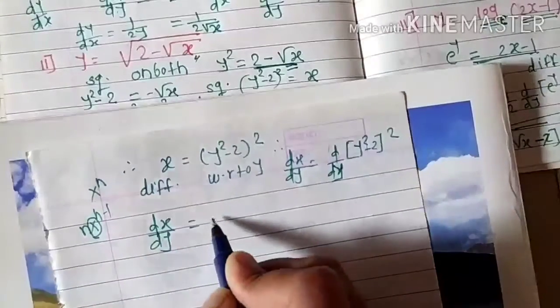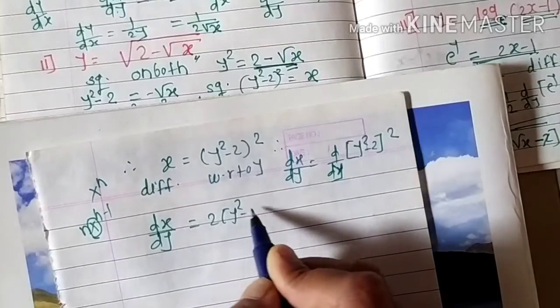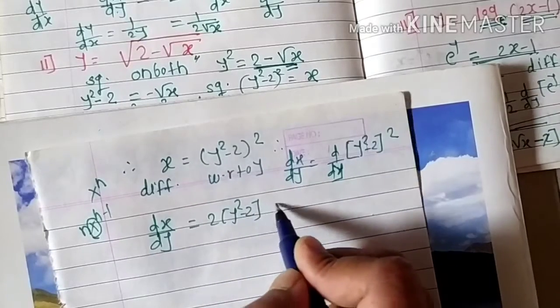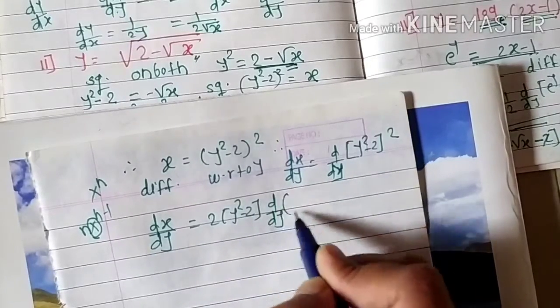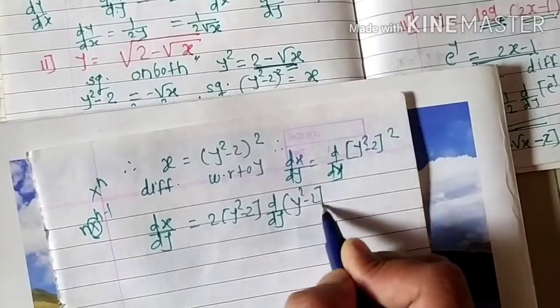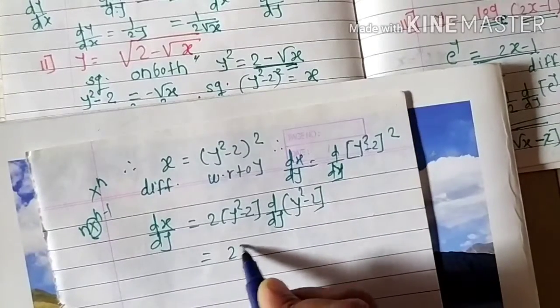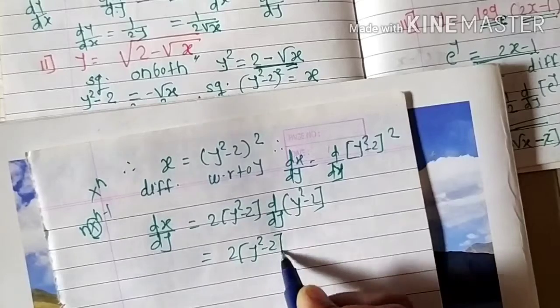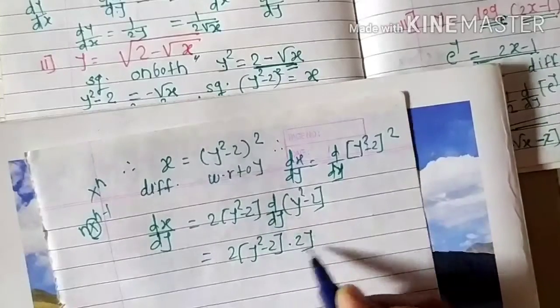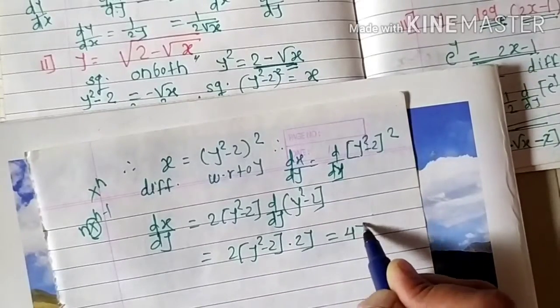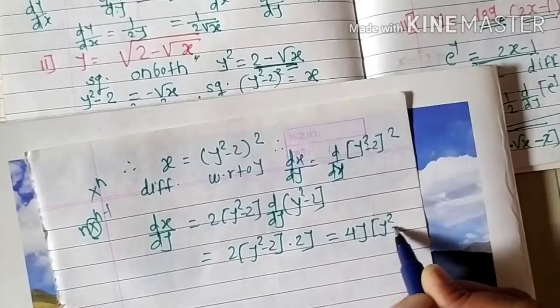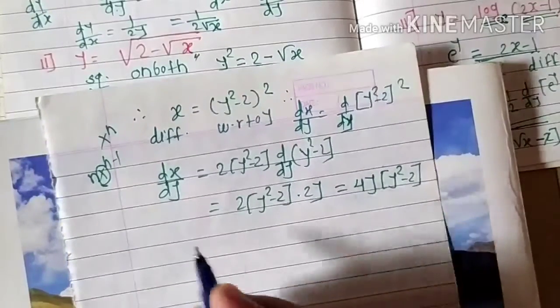Here that is 2 into y square minus 2 into the derivative of the inside term, which is 2y. Finally we get 4y into y square minus 2. This is the value of dx upon dy.